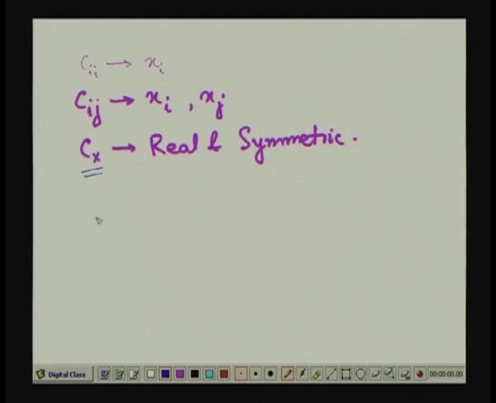Suppose Ei is an eigenvector of this covariance matrix Cx which corresponds to the eigenvalue lambda i.